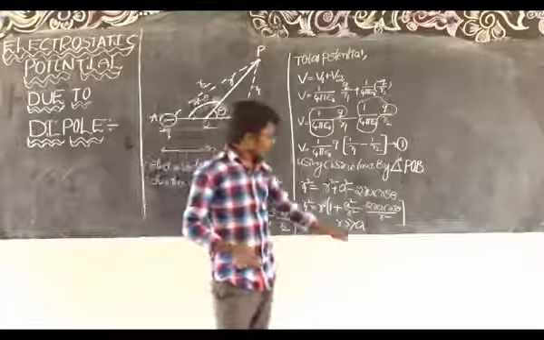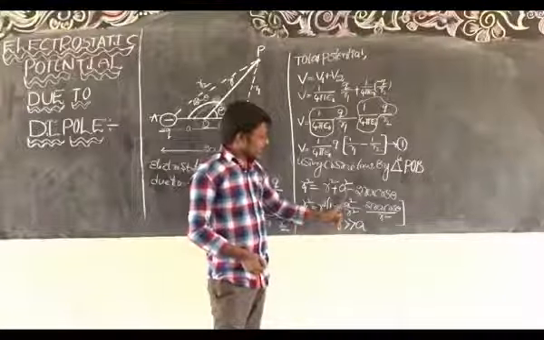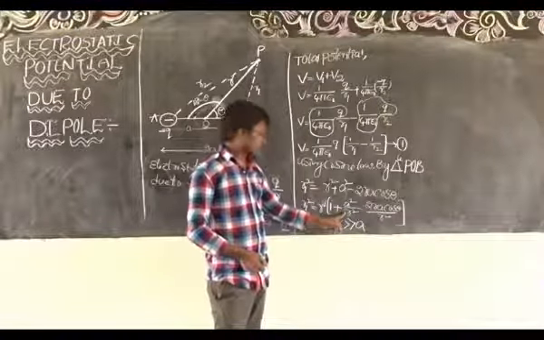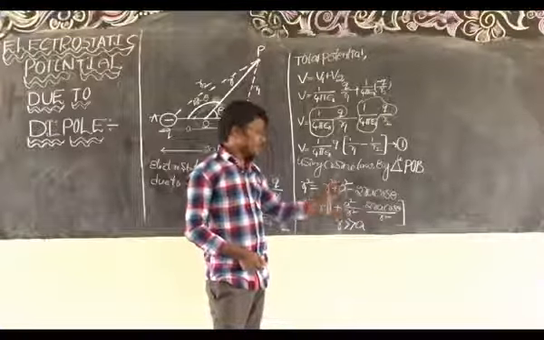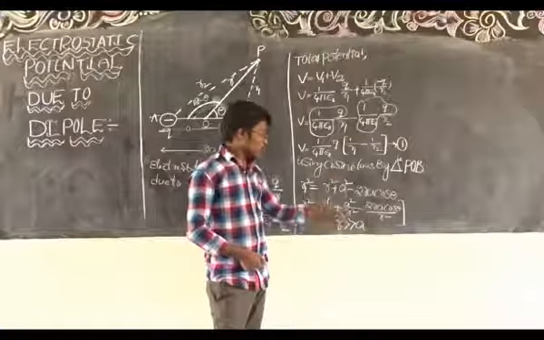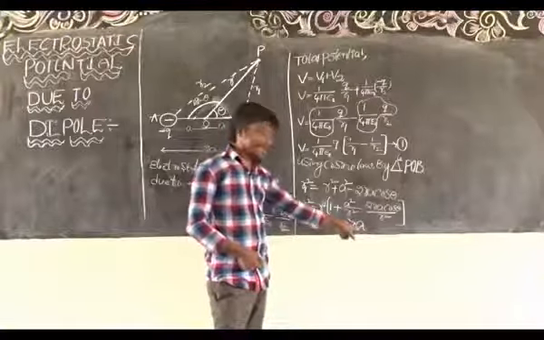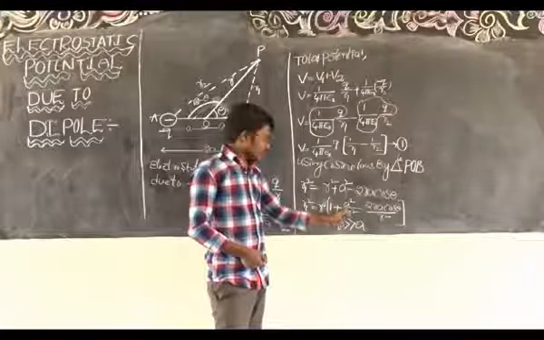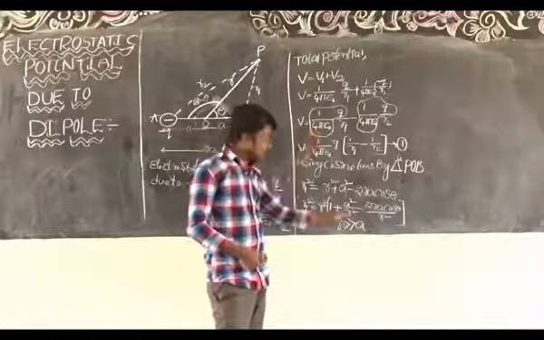So a square by r square: less value is in the numerator, more value is in the denominator.